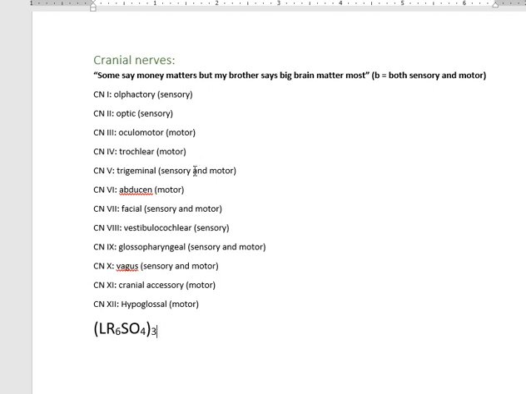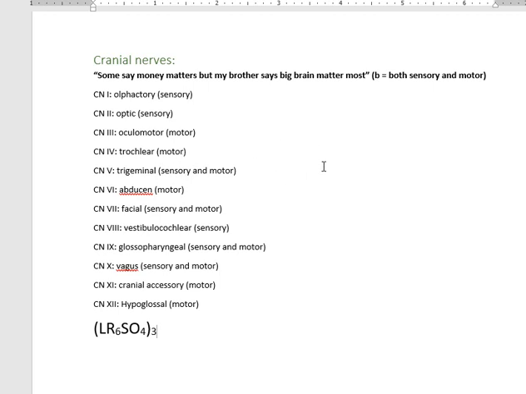Now trigeminal nerve, we need to know that everything that is general sensory on the head, mostly on the face, is due to the trigeminal nerve, where the upper portion of the eye will be due to the ophthalmic part of the trigeminal nerve.